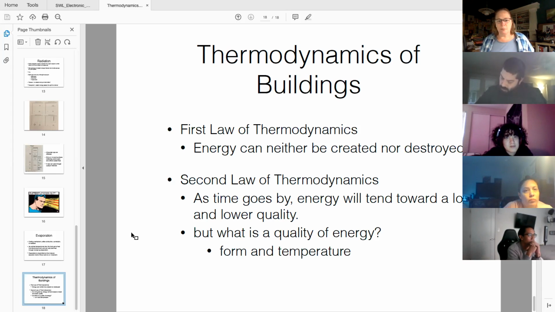what is important in this class is to think about what is temperature, what is heat, how does it move from one place to the other, and why this is important: because it affects our buildings. So, first class, we talked about building mass and its orientation to the sun. So we have that radiation.